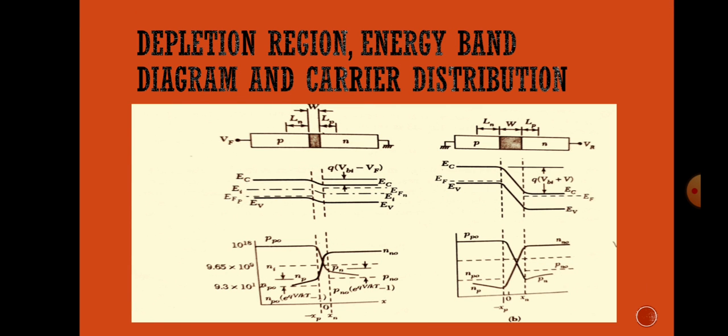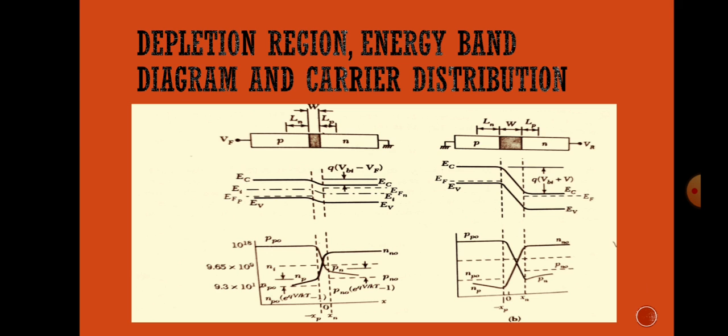Now we discuss the current voltage characteristics. A voltage applied to a PN junction will disturb the precise balance between the diffusion current and the drift current of electrons and holes. Under forward bias, the applied voltage reduces the electrostatic potential across the depletion region, as shown in this figure. The drift current is reduced in comparison to the diffusion current.